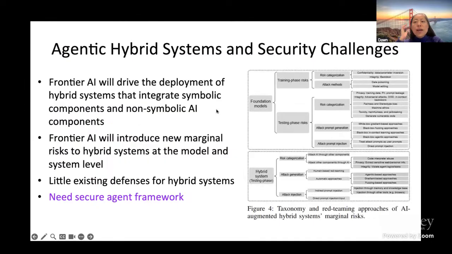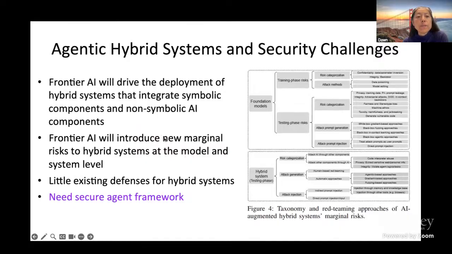As I mentioned earlier, these agentic hybrid systems introduce additional security challenges that make them much harder to defend than traditional software systems.